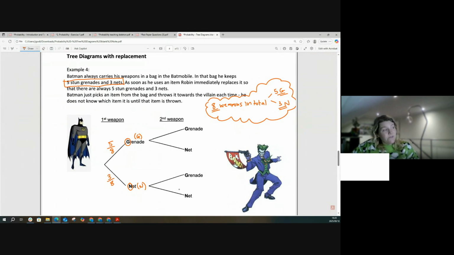Now, after he's pulled these out, Robin has immediately replaced them. So they are back to having 8. So his second weapon, again, he has a 5 out of 8 chance of getting a grenade or 3 out of 8 chance of getting a net. So I want you to finish this one off.